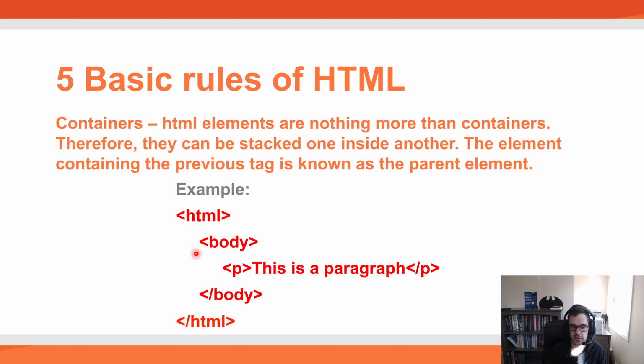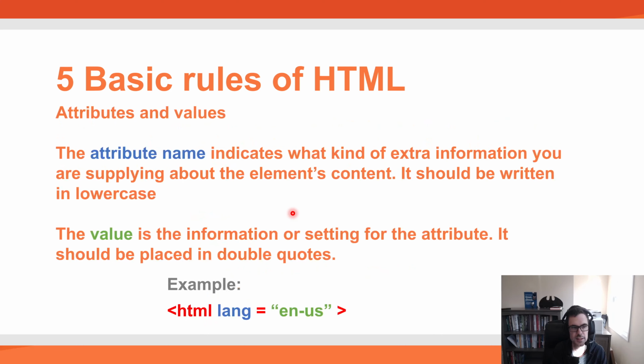So HTML is the parent element of body, and body is the parent element of the p tag, if we were to get technical. Okay, and by the way, that would also make body the child element of the HTML, and it would make p the grandchild element of HTML. But we won't get technical. We're not developing a family tree or anything here.